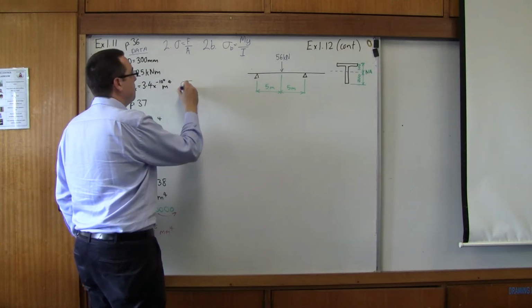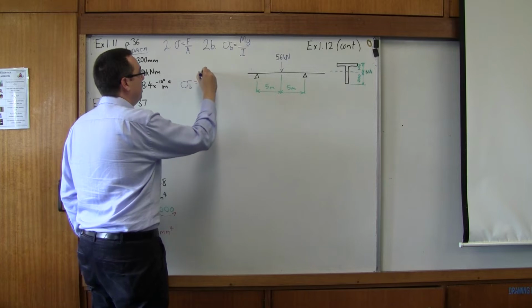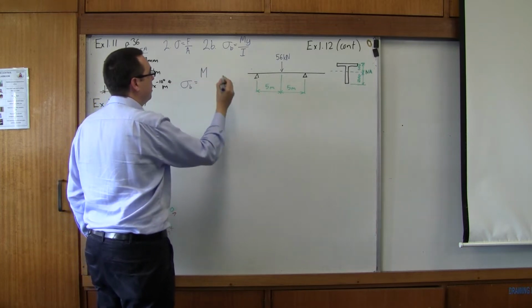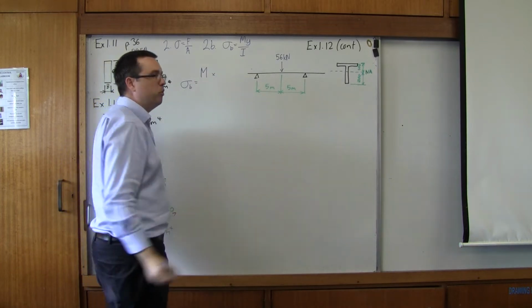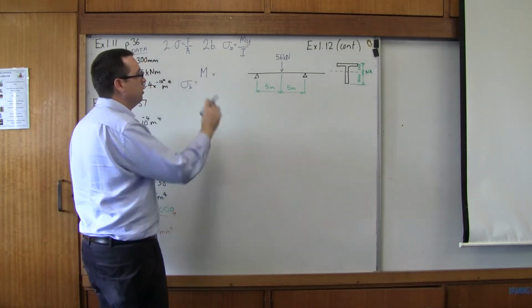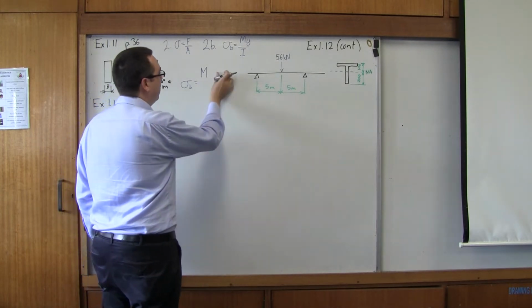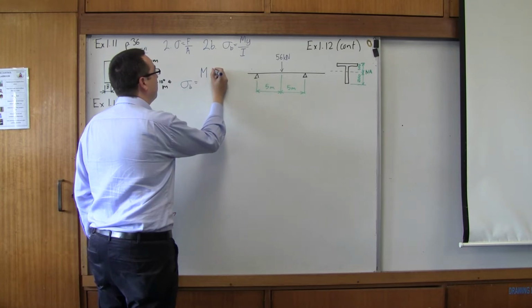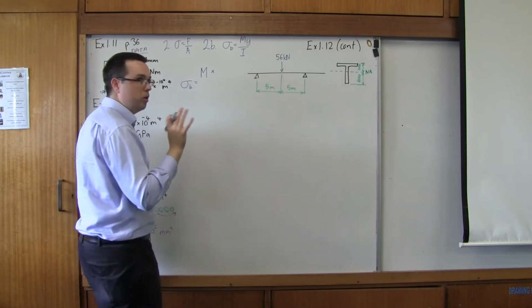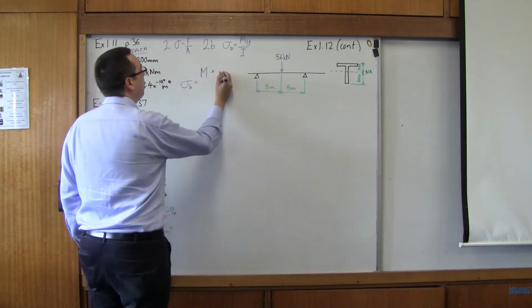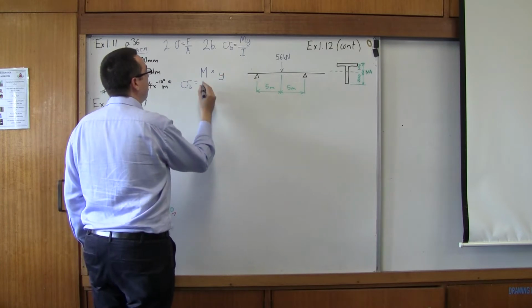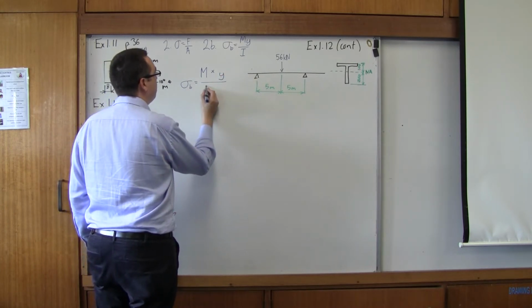Bending stress, sigma B, equals M multiplied by Y, all divided by I. I try to avoid using the times symbol because we mix up an X and the multiplication sign, so I'm going to put a dot up here so that we don't confuse it with an X.